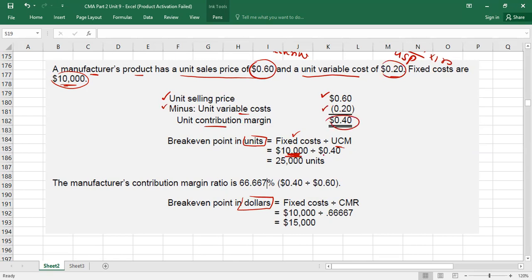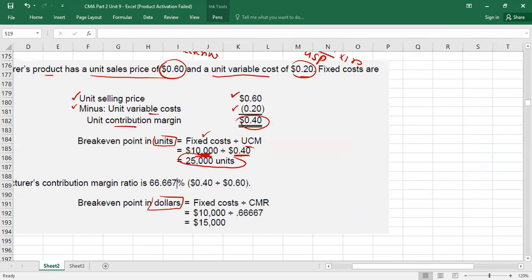Fixed cost of 10,000 divided by unit contribution margin of $0.4 gives an answer of 25,000 units. So if you sell 25,000 units, you will exactly arrive at break-even point, along with those assumptions. If those assumptions are true, obviously you will arrive at break-even point. Clear?